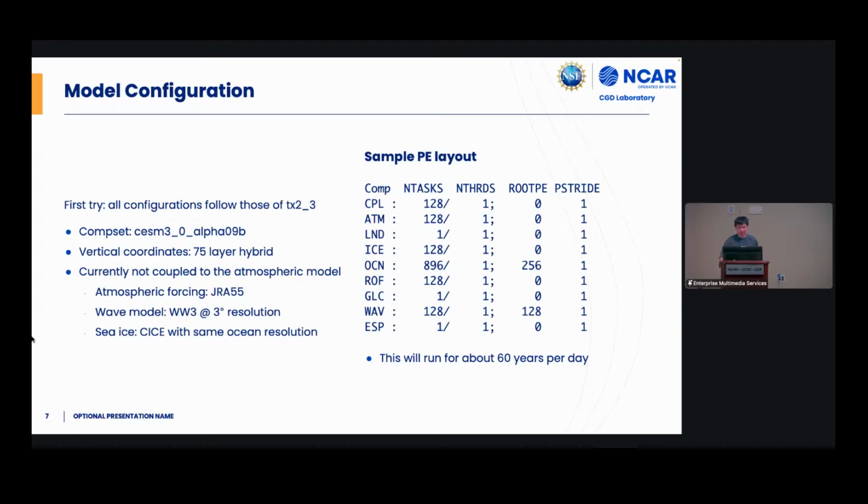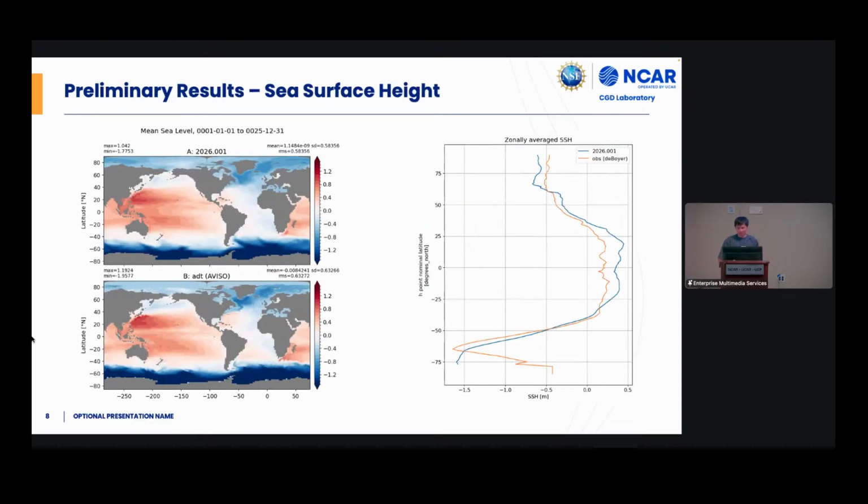Next, I'll show some preliminary results from the model. Again, this is very, very preliminary. It's just the first try. We haven't done any in-depth tuning on this model. The sea surface height looks reasonably good at this stage.